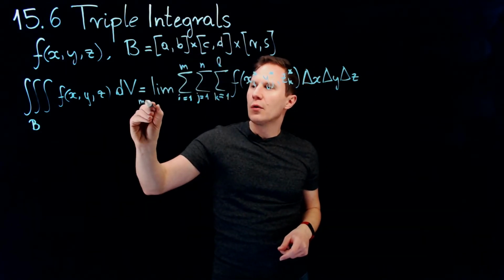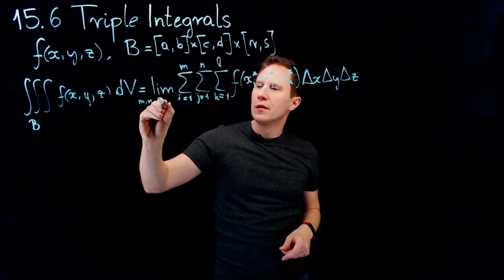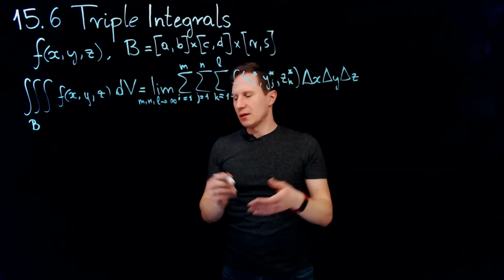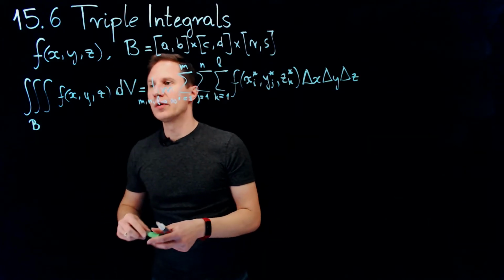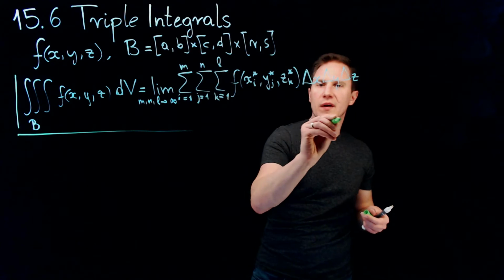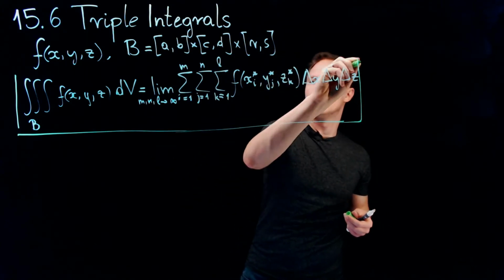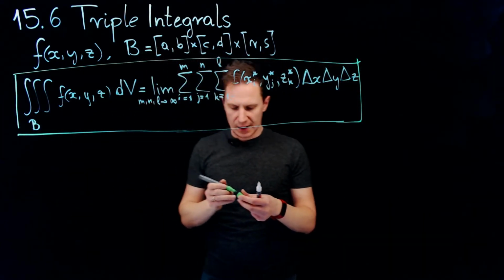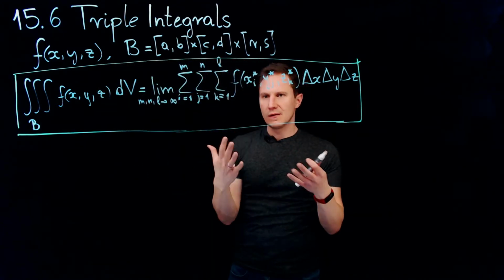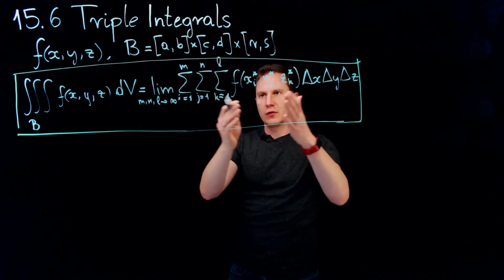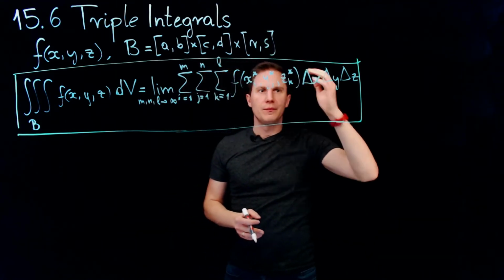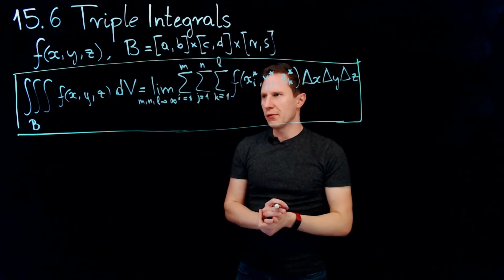But the point is that all of these numbers have to go to infinity to take the limit of this triple Riemann sum and to obtain the triple integral of our function f of x, y, and z over that domain. So this is the basic idea. It's pretty much just an added variable in the story that we've seen before.